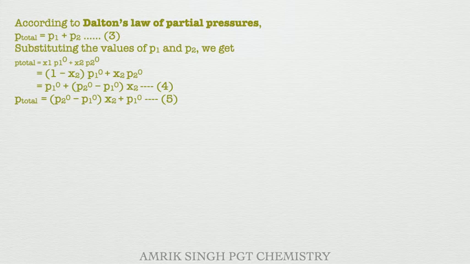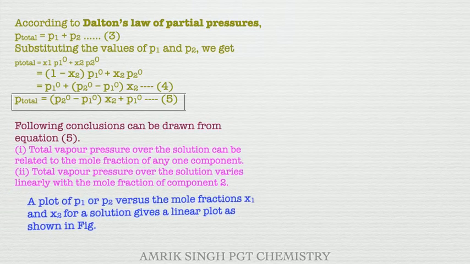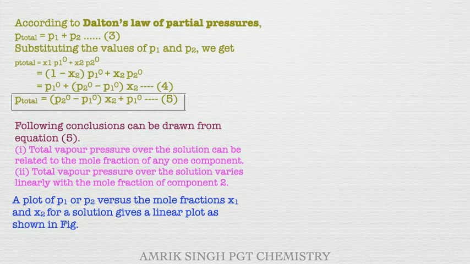Equation 5 is of the type y is equal to mx plus c, which makes it clear that the plot of vapor pressure P against mole fraction will be a straight line. The following conclusions can be drawn from equation 5.